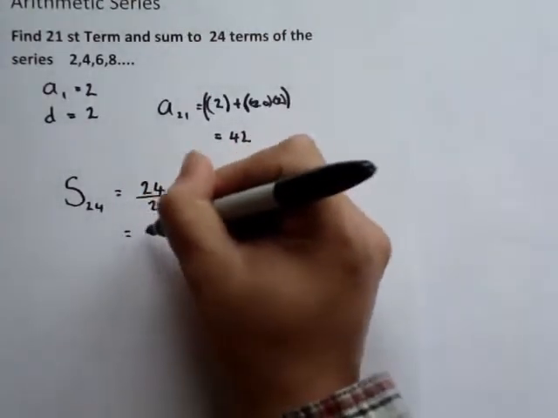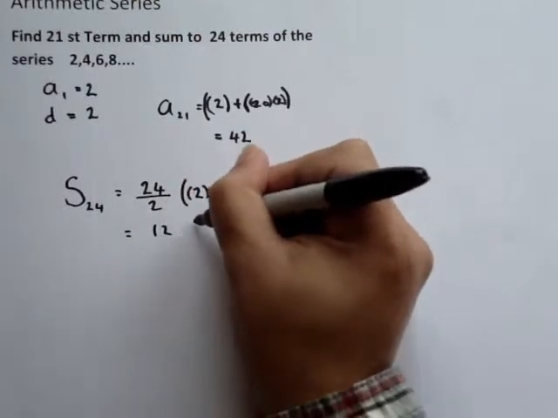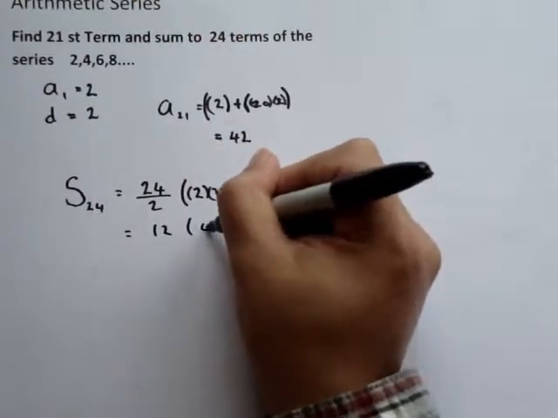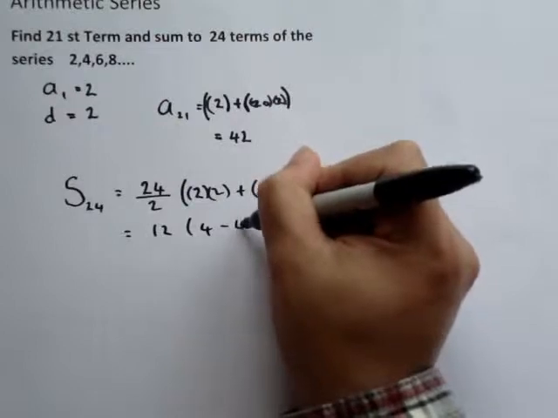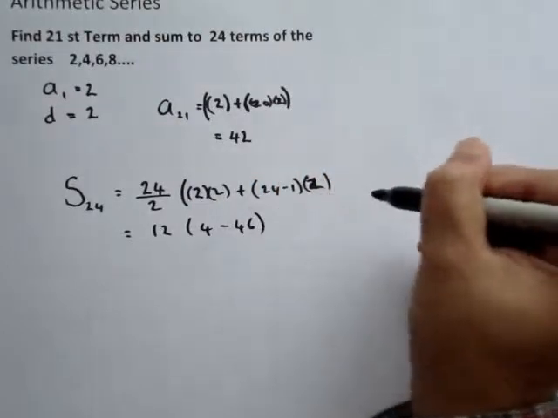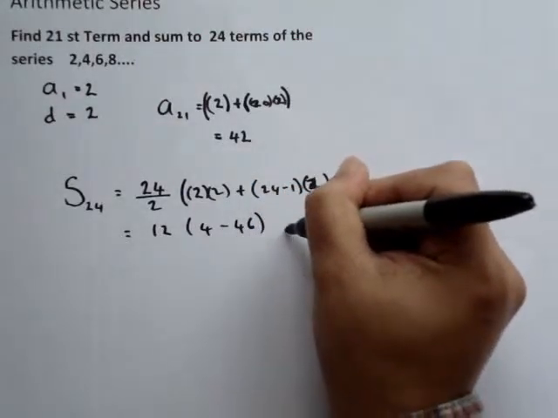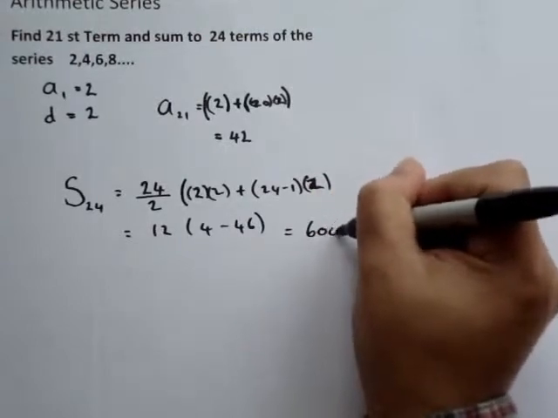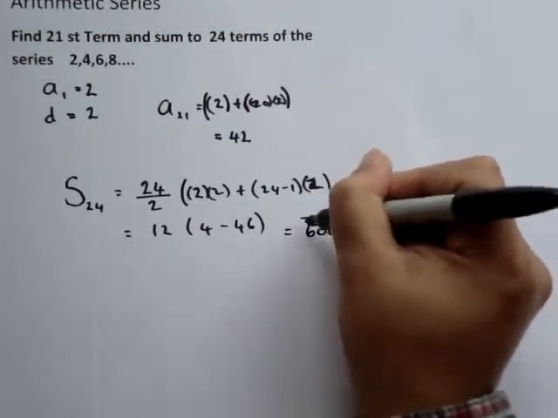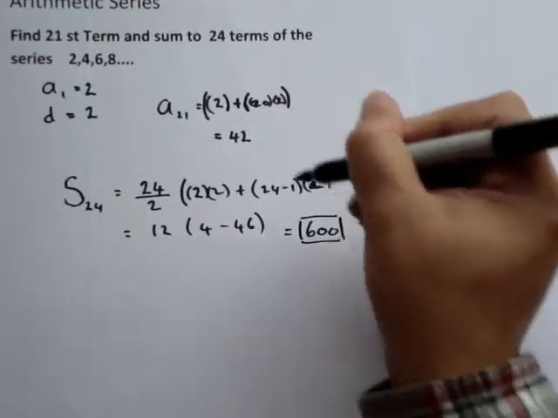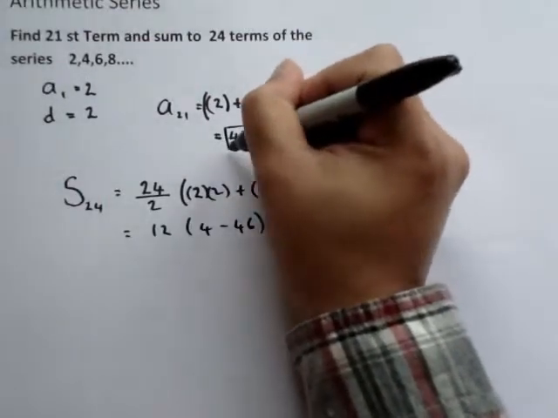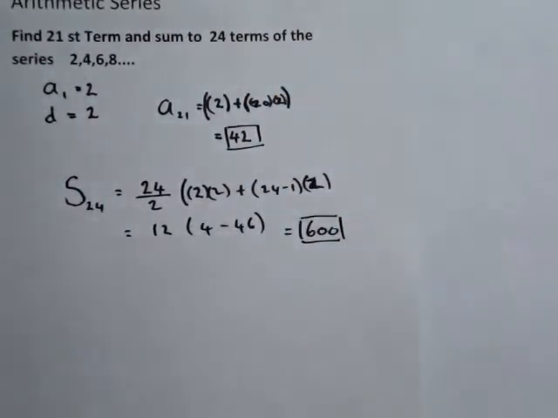So this equals 12 times 46, and that equals 600. So those are our two answers, 600 and 42 in the top case.